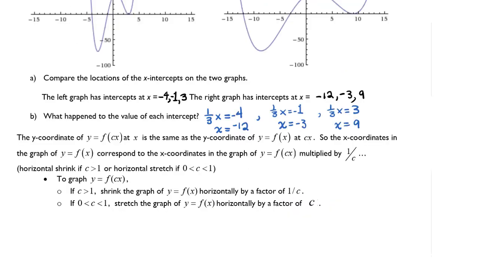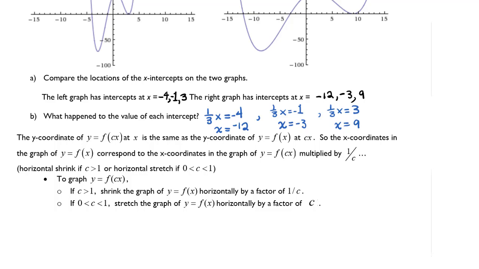So to recap, the y-coordinates of y equals f of cx at x is the same as the y-coordinates of y equals f of x at cx. So the x-coordinates in the graph of y equals f of x correspond to the x-coordinates in the graph of y equals f of cx, multiplied by 1/c.